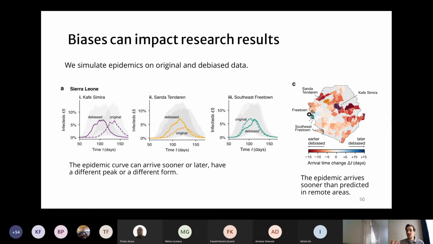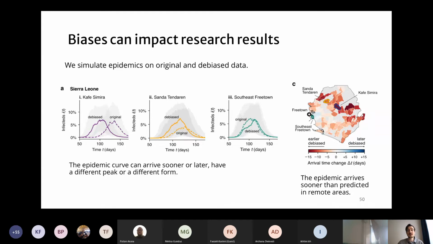The impact of this bias can be very heterogeneous on a regional level. Here on the right, we showed, for example, the arrival time when the epidemic arrives in certain districts. And we found that it is especially the remote districts that are far away from the capital where the epidemic arrives earlier when you use the debiased data set instead of the original data set.